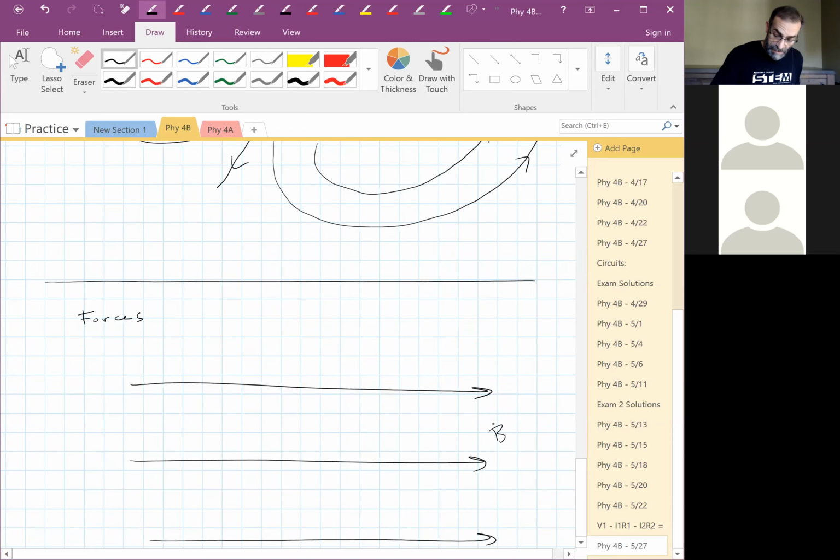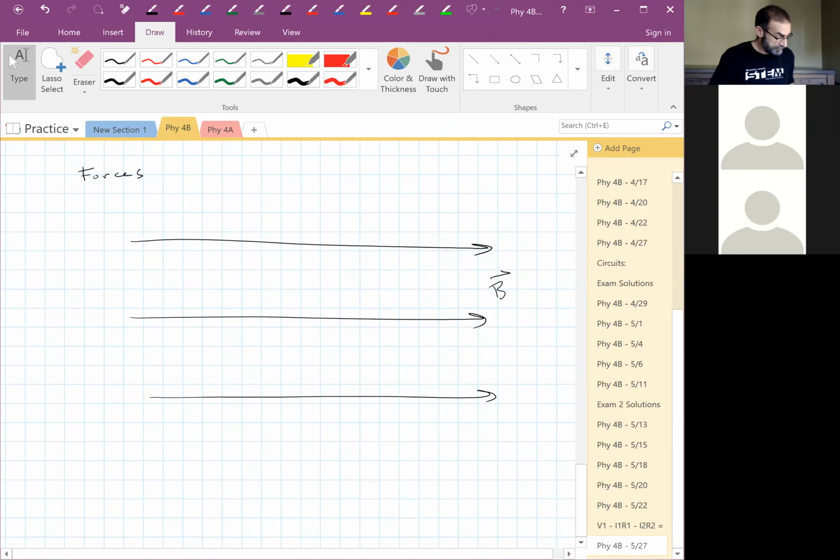We use B for magnetic field. And let's put a particle over here. Charged particle, Q, sitting there at rest in our magnetic field. It feels no force.